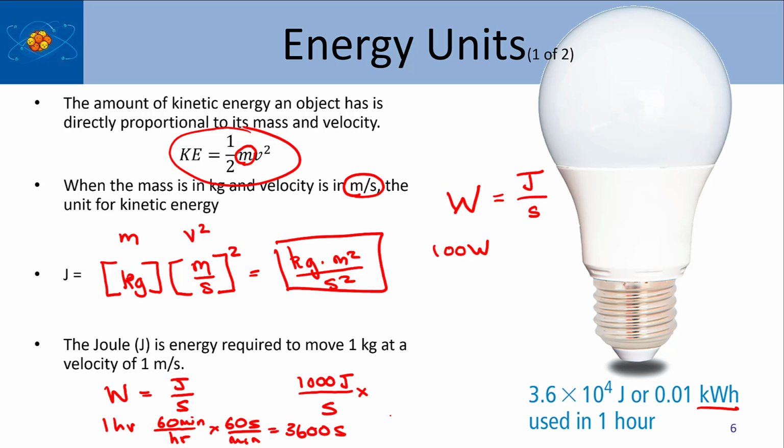So a kilowatt hour is 1,000 joules per second for an hour, so that's going to be 3,600 seconds. And so these will cancel out, and then I'll end up with 3.6 times 10 to the 6th joules. So a kilowatt hour is just another expression of the unit joule, and it's an expression of how much energy you will use in an hour, basically. So if you're at 2 kilowatt hours, then you'll be using 7.2 times 10 to the 6 joules in an hour.